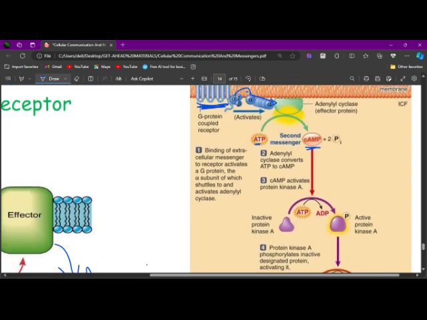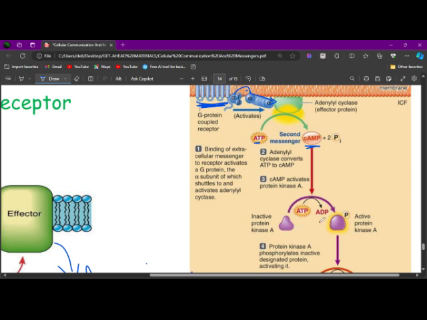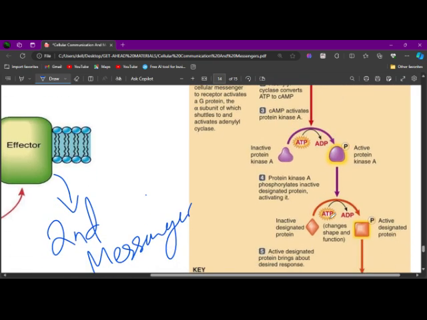We need it to activate certain proteins and also to do other things, but here we're going to focus on activating a protein kinase. A protein kinase is an enzyme that phosphorylates proteins. Phosphorylation of a protein, adding a phosphate to it, will activate that protein.